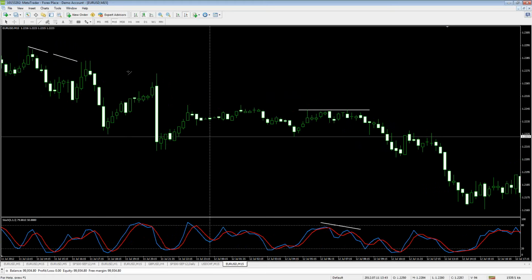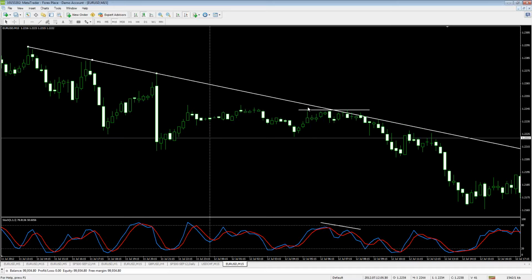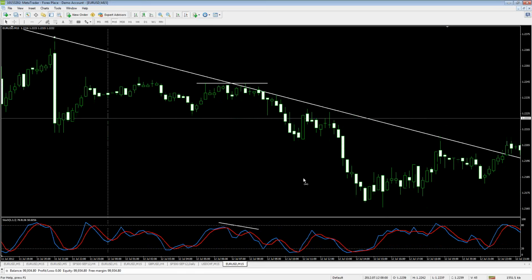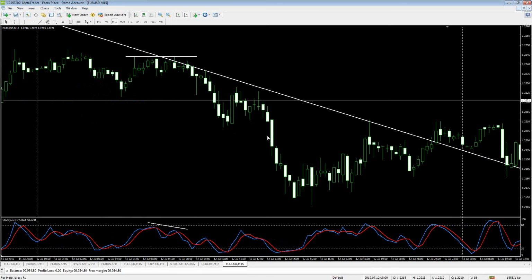You can always add these trend lines. You can see that the price also reaches the trend line. So you have sort of a double top, you have a trend line, you have this divergence, and you're with the trend. So taking a short is a classic trade here.